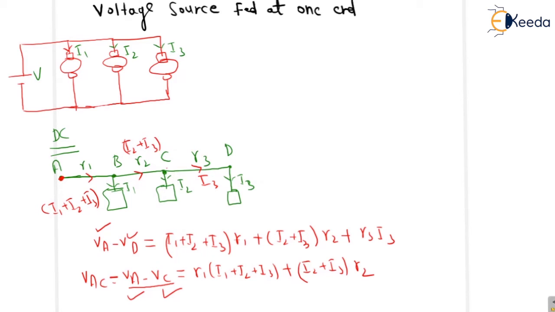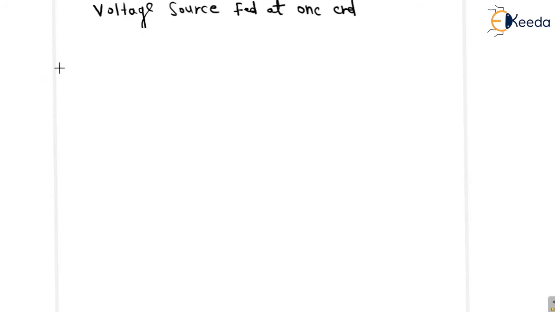Now we are going to consider the AC case, voltage source fed at one end. Let us assume we have this point A. This is the first point, this is the second point, and this is the third point.